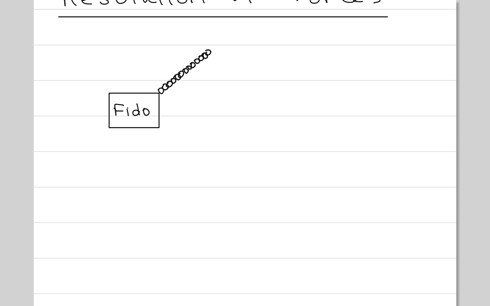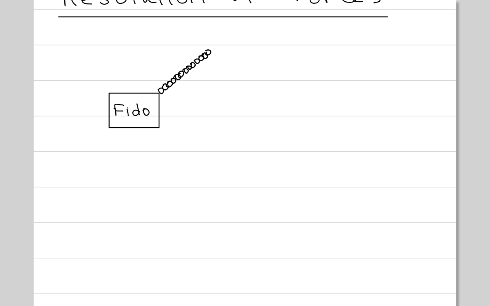Okay, so when you want to describe what's happening to Fido, this dog, and you want to do some mathematics and some physics with Fido, it has to be broken down into its two components.